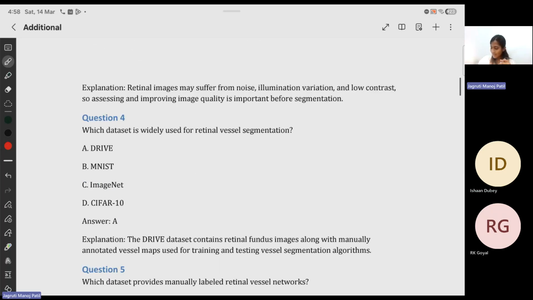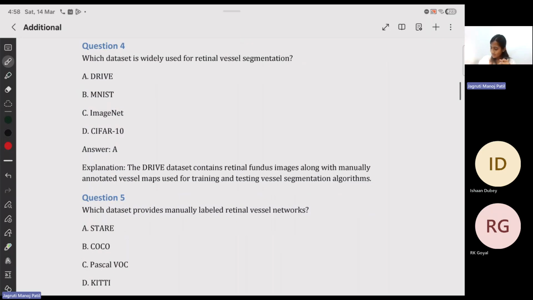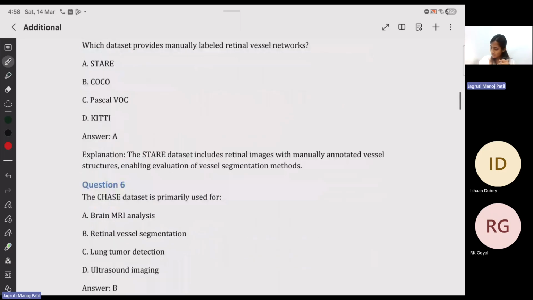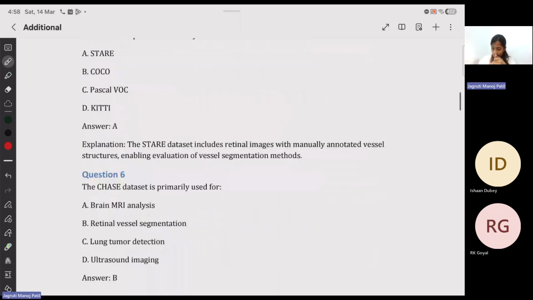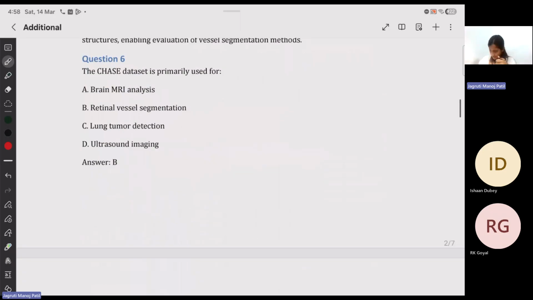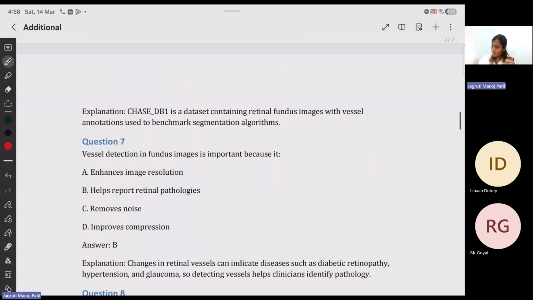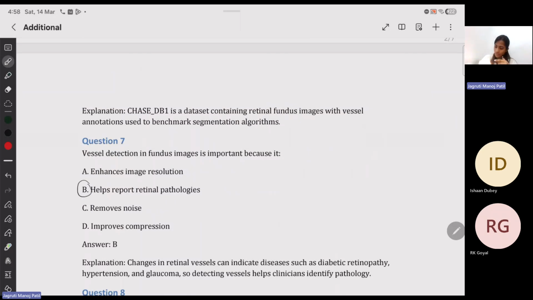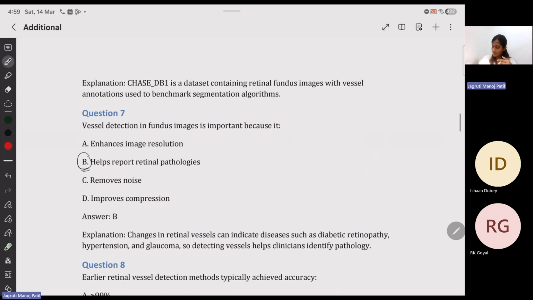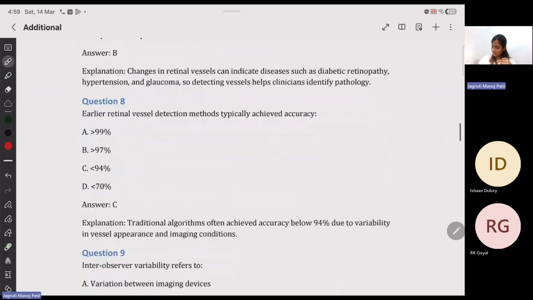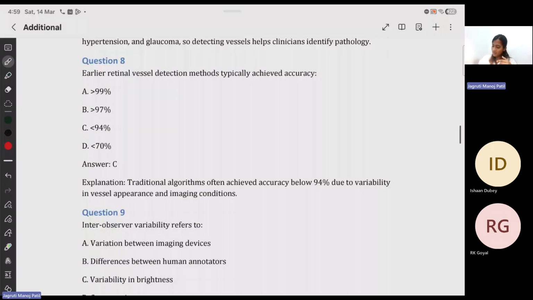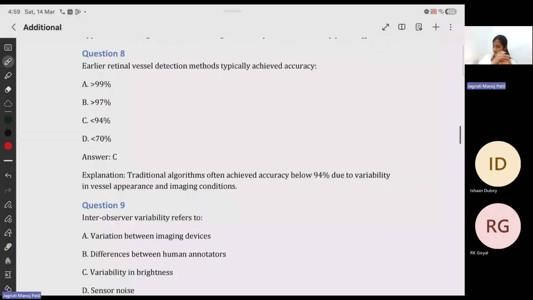Okay, this is the dataset, it's not needed. Which dataset? It's also not needed. CHASE is your retinal dataset, it's also not needed. So vessel detection in fundus images is important because it will help you report retinal based pathologies. This is also not needed. What does inter-observer variability refer to?